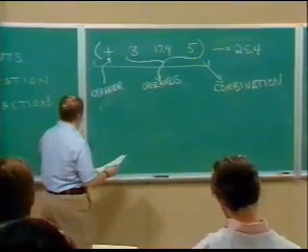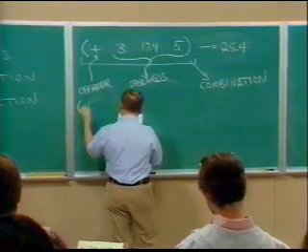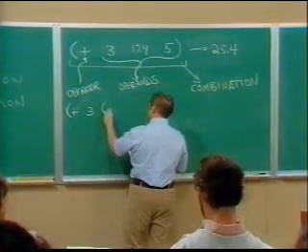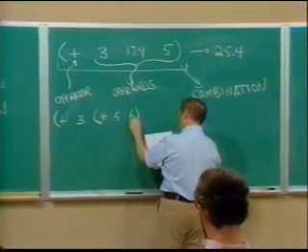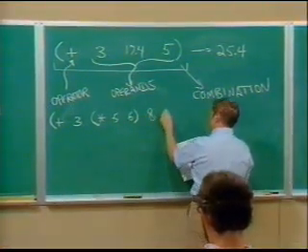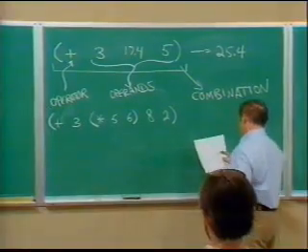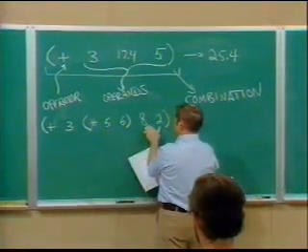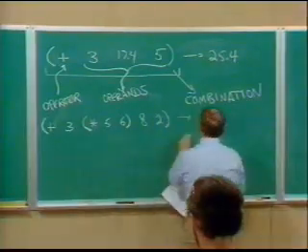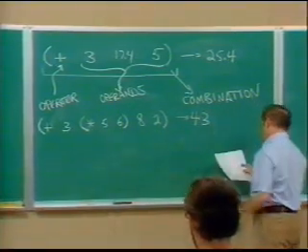So for instance, I could say, what is the sum of 3 and the product of 5 and 6 and 8 and 2? And I should get, let's say, 30, 40, 43. So Lisp should tell me that that's 43.